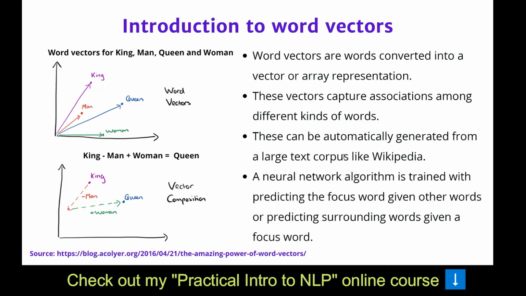For example, for every given word you will take the left two words and right two words, and your goal is to predict the middle word when given the other keywords. So a neural network algorithm is trained to predict the focus word, that is the middle word or the prime word, given some surrounding words around the focus word.